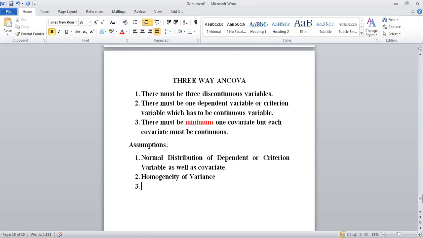Then next is the scale of measurement. The scale of measurement of the dependent or criterion variable must be either interval or ratio scale.